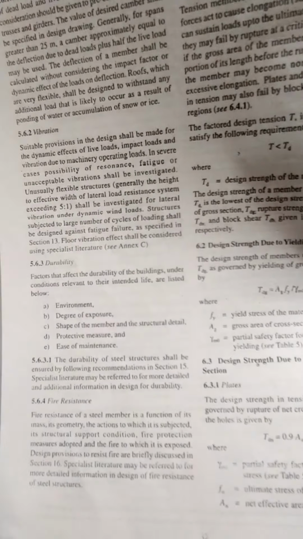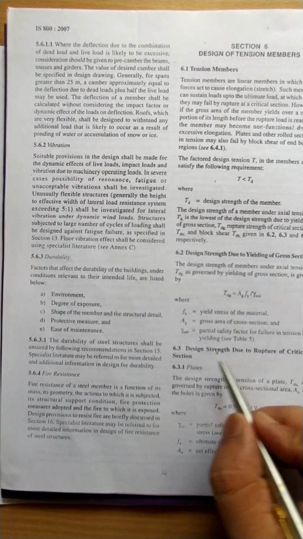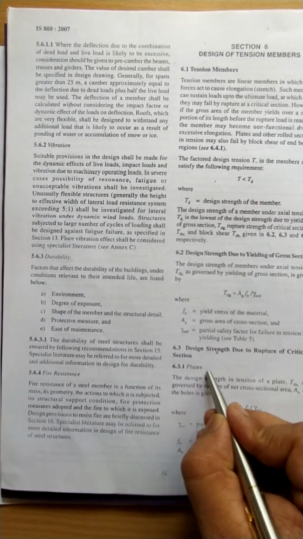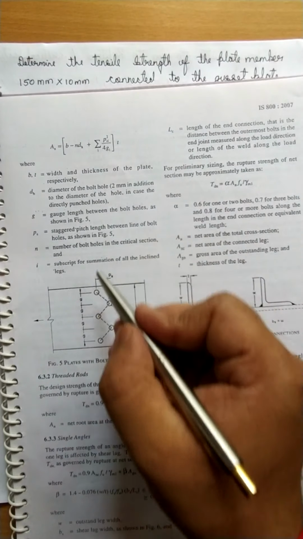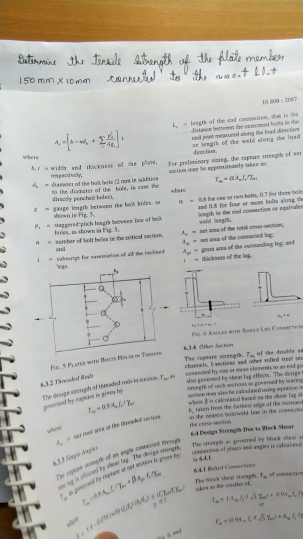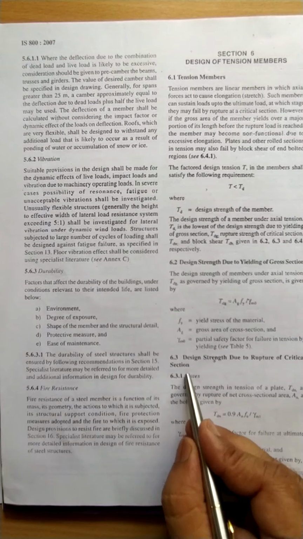Now next, second, tensile strength due to the rupture of critical section. In this we have 2 components. The first, 6.3.1, is for plates and 6.3.3 is for angles. Our numerical consists of plates only, so we have to take the formula for plates.